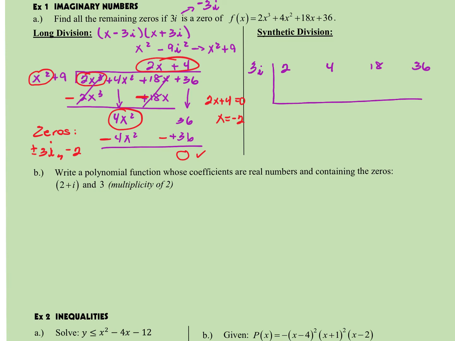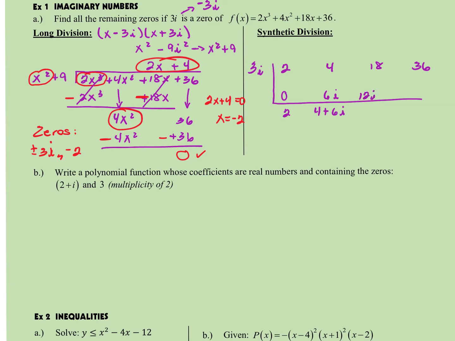So remember, we're always going to start with the 0 here, and I'm going to have a 2. So I'm going to have a 3i times a 2, and that's going to give me a 6i here. Now, when I add this, I am going to get 4 plus 6i. Now, when I multiply the next time around, it's going to be 3i times 4, and that's going to give me 12i.